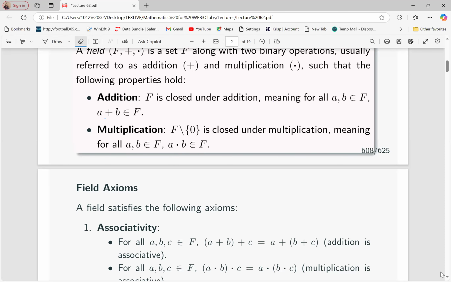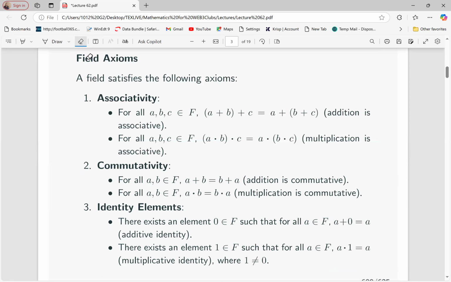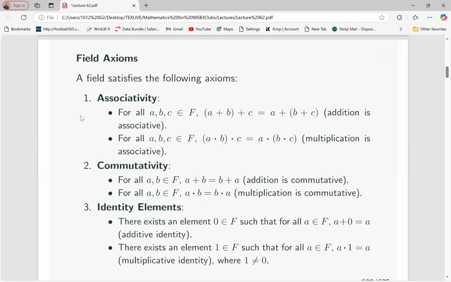Now, after that, we have other axioms. Those are not the only axioms. It must be associative under addition, and it must also be associative under multiplication. Under addition, associative means you pick any three elements from F and sum them. If the bracket is here, the result must be the same as if the bracket changed position and came here.